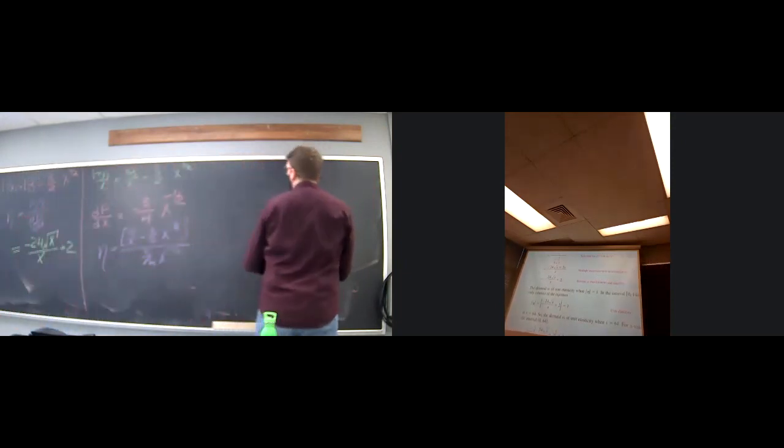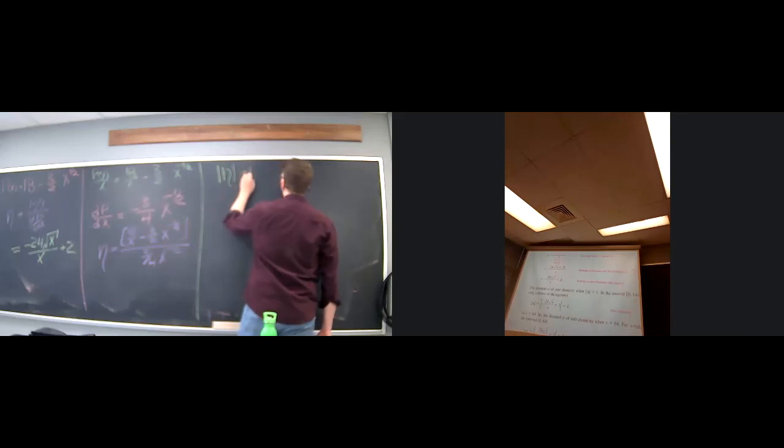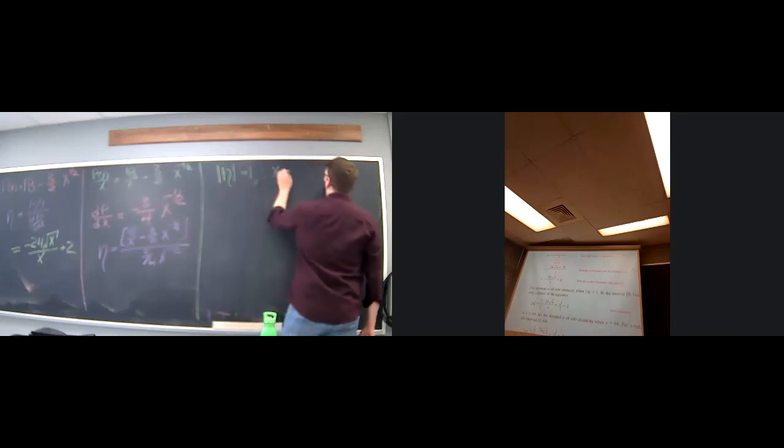How are we going to solve this? We have to plug it into 0. Yeah, well, sort of. What we've got to do here now is find when eta is equal to 1 in that interval. We've got to set the absolute value of this thing equal to 1. When we do, we get that the absolute value of eta is equal to 1 when x is equal to 64.